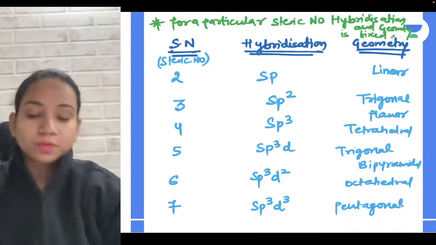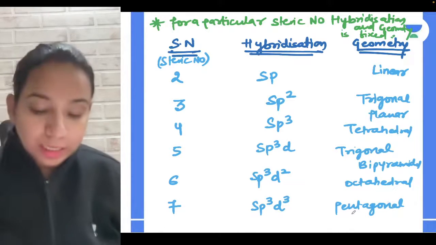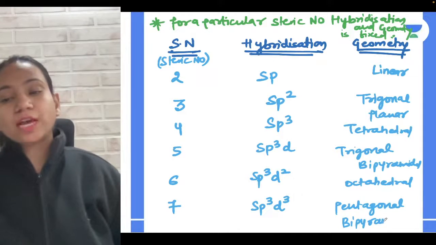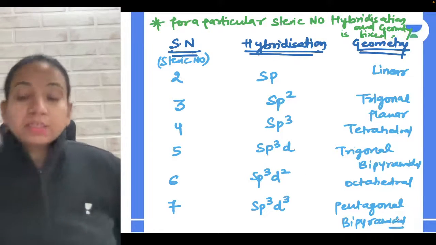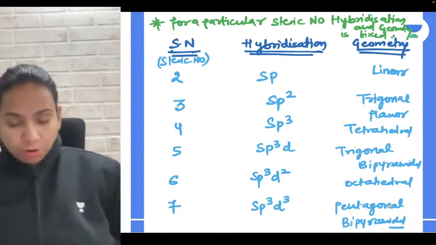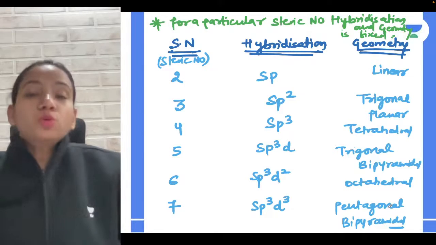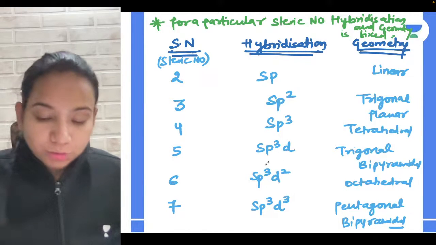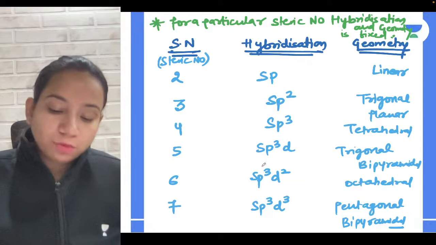For 5 it is trigonal bipyramidal, for 7 it is pentagonal bipyramidal. So we have to know all of them from steric number 2 to 7, and the hybridization and geometry according to each.